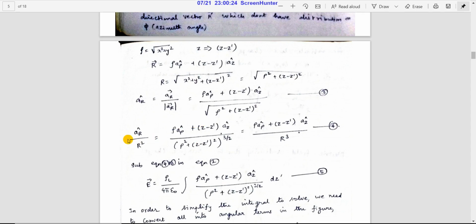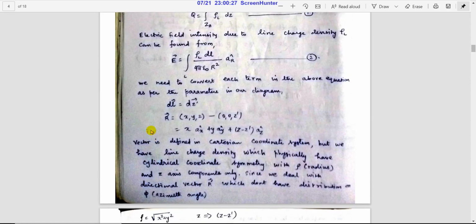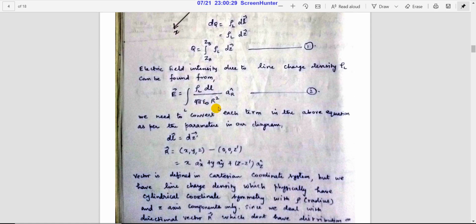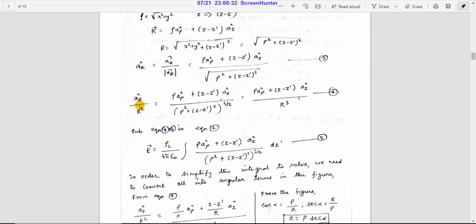Now notice that aR cap is equal to the R vector divided by the magnitude of the R vector. So if we know the R vector we have written, divided by the R vector magnitude, we can write it like this. To substitute aR cap divided by R square, we have to find what aR cap divided by R square is, so we just multiply 1 divided by R square into this equation. R is equal to root of rho square plus (z minus z dash) whole square.